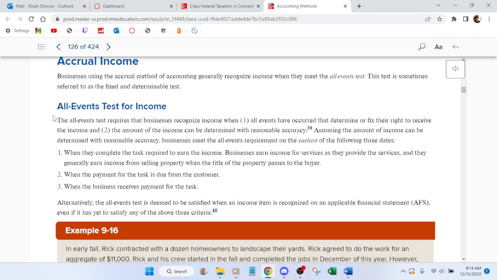Businesses using the accrual method of accounting generally recognize income when they meet the all events test. This test is sometimes referred to as the fixed and determinable test.